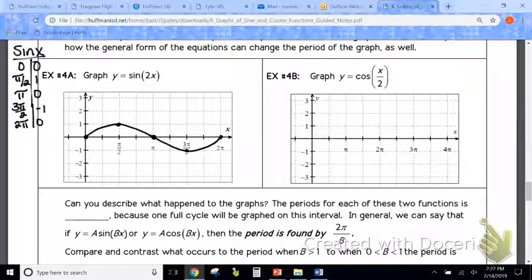Now when I go to do my transformation, what is this 2 now going to do to my graph?